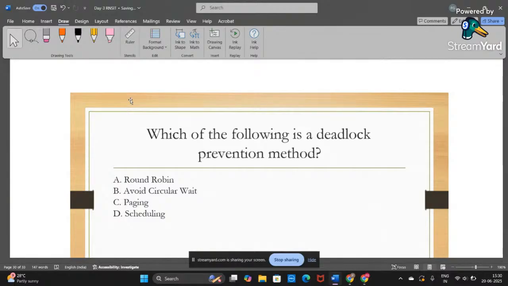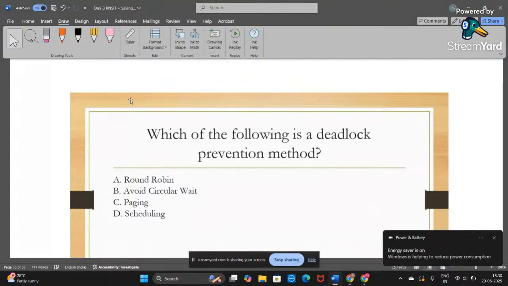Which of the following is a deadlock prevention method?